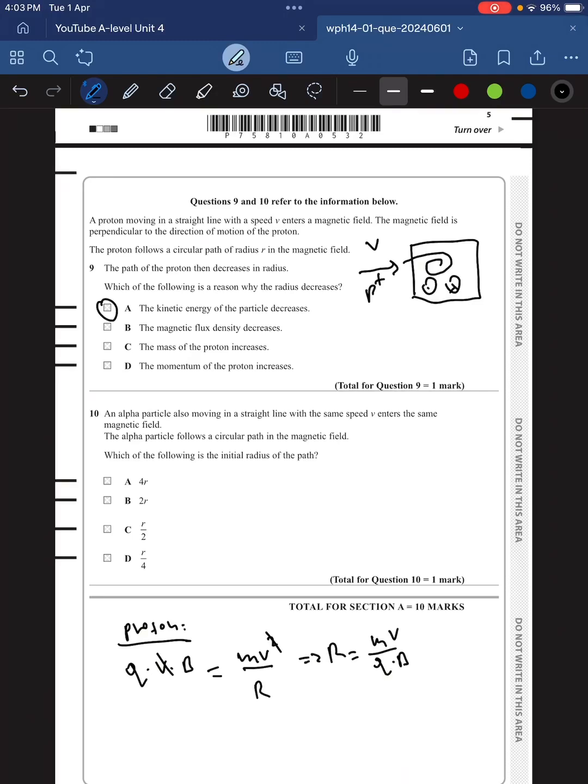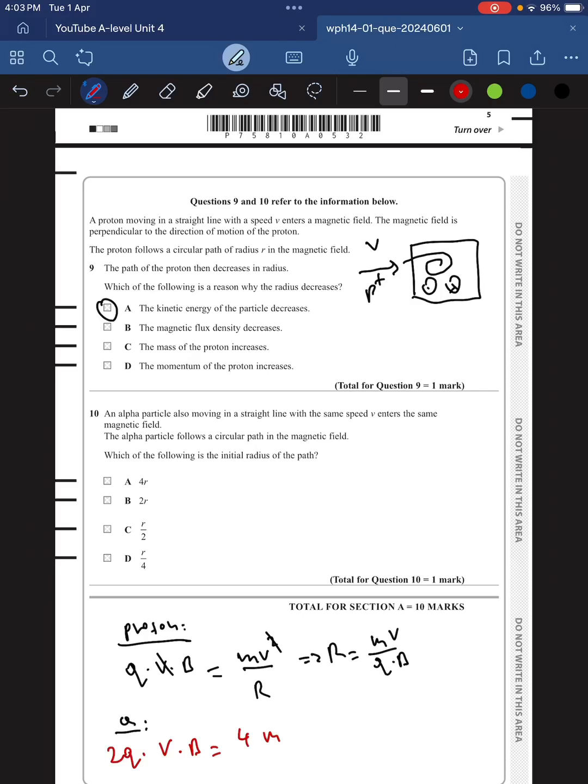Now the alpha particle consists of 2 protons and 2 neutrons, so it has 4 times the mass of the proton and 2 times the charge because we have 2 protons. So for the alpha particle, we have 2 times q. Maybe I should write it in red. So we have 2 times the charge, same velocity, same magnetic field, and 4 times the mass, right?